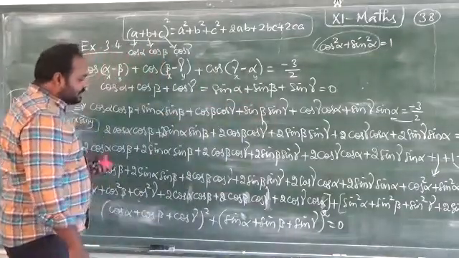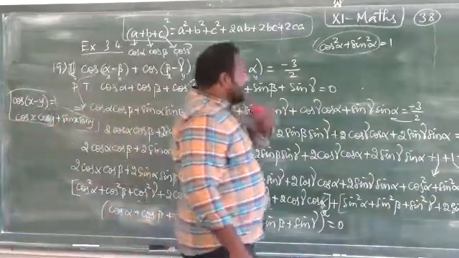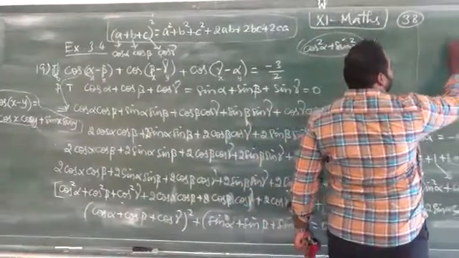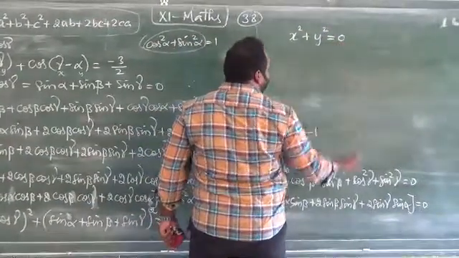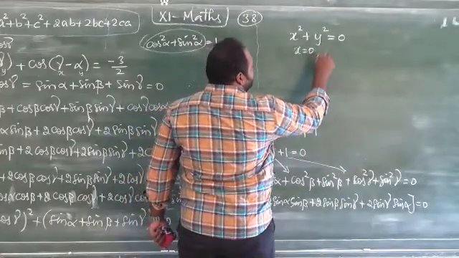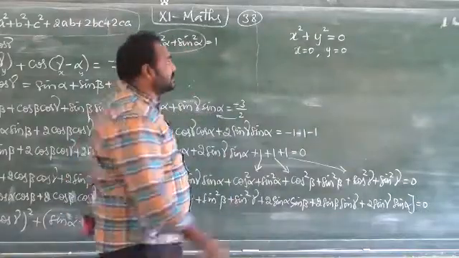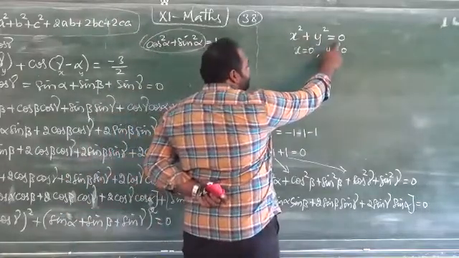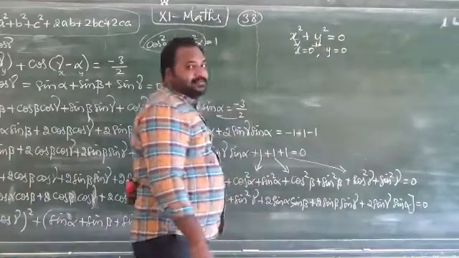Okay, in this case, look at here. Seeing this expression, immediately we have to remember that whenever you have a sum of squares equal to 0, we can say x must be 0, y must be 0. This concept I am going to use, because a sum of squares equal to 0 means both values must be 0, no other possibilities.